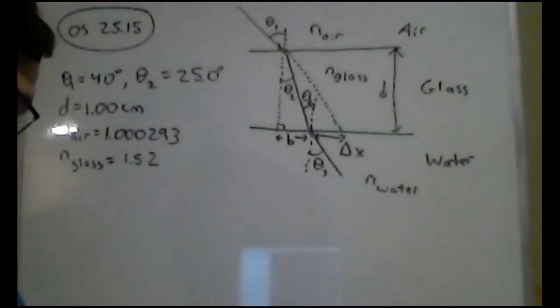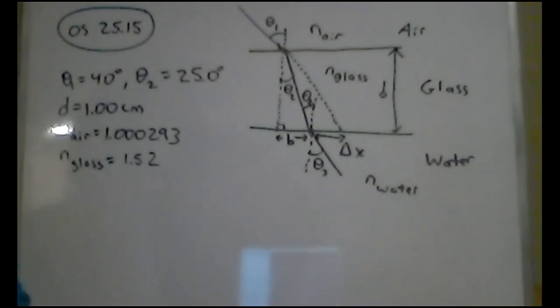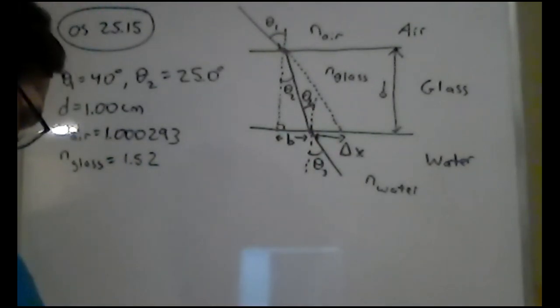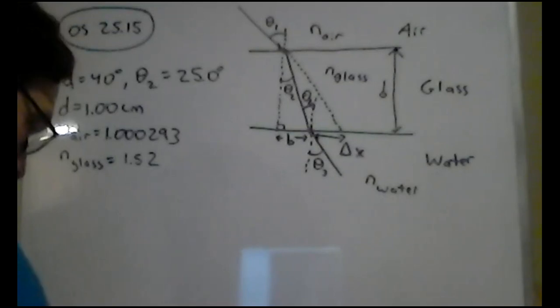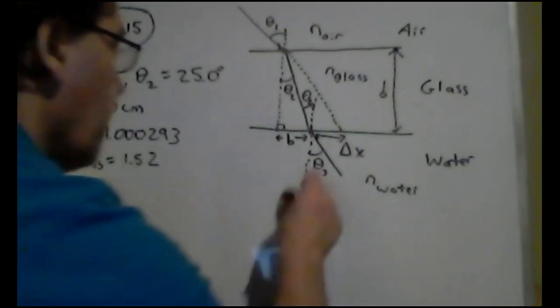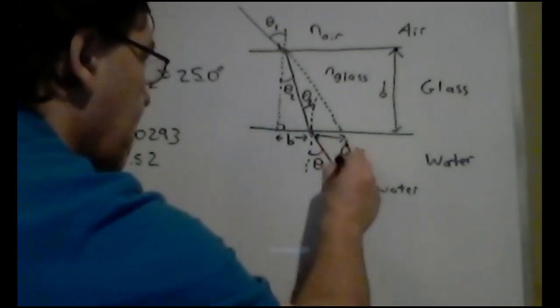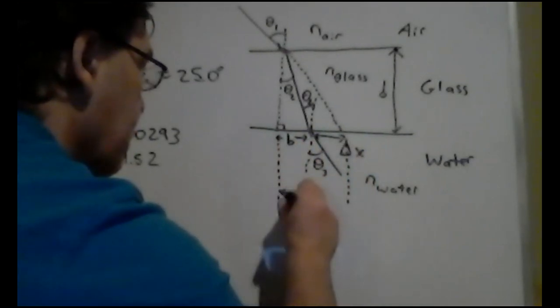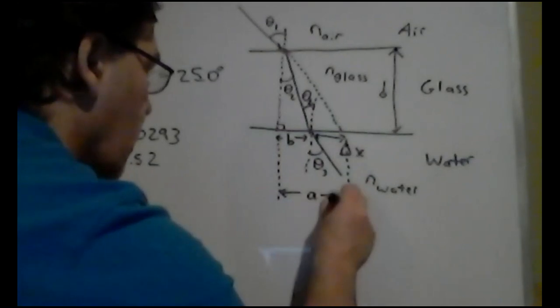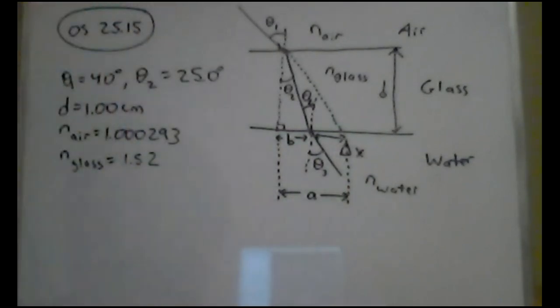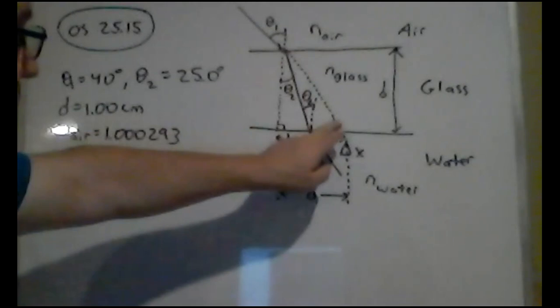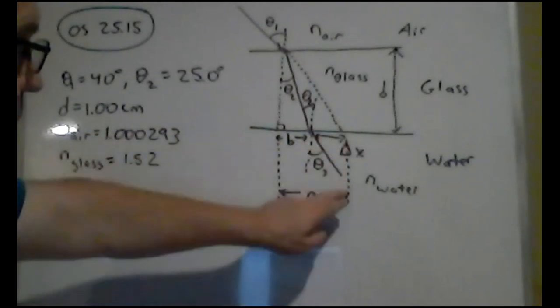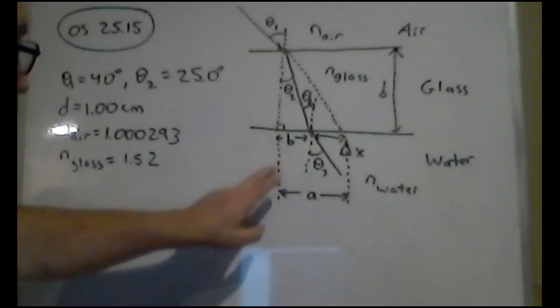And I'm going to call that whole length A, the length between where the ray would end up if it wasn't for that piece of glass in the way, and this same normal.